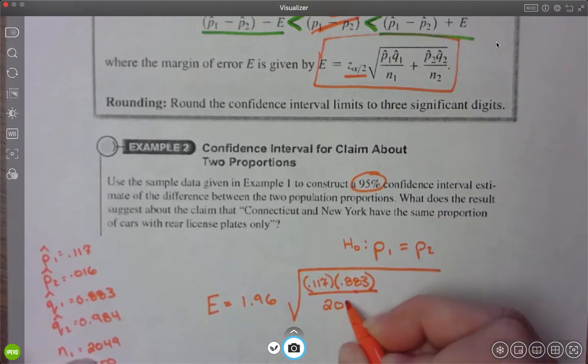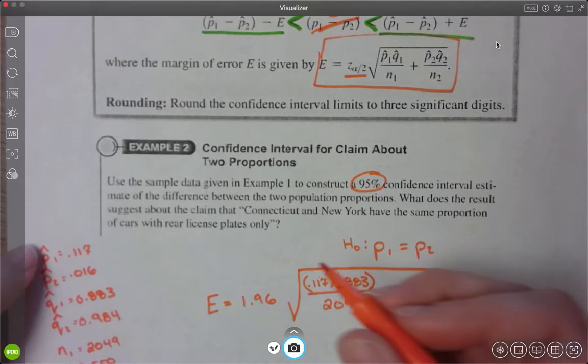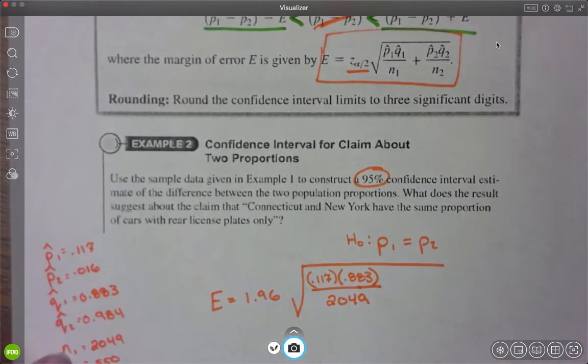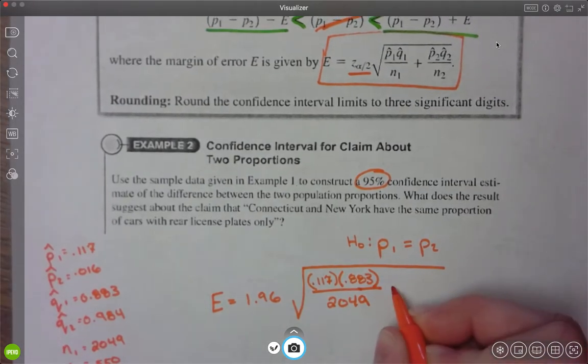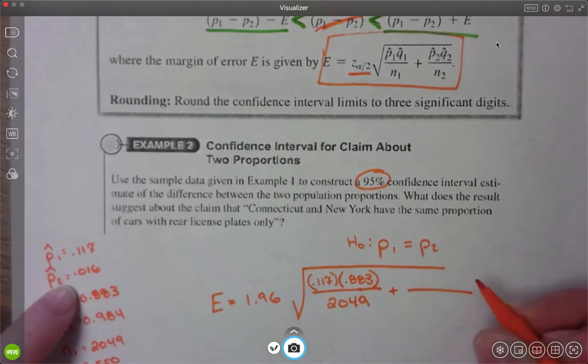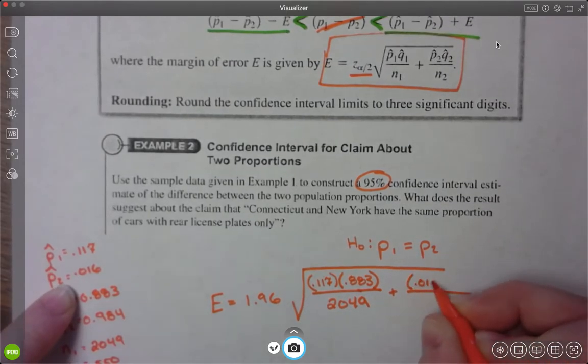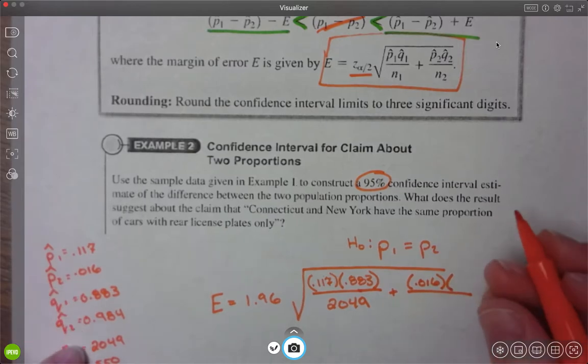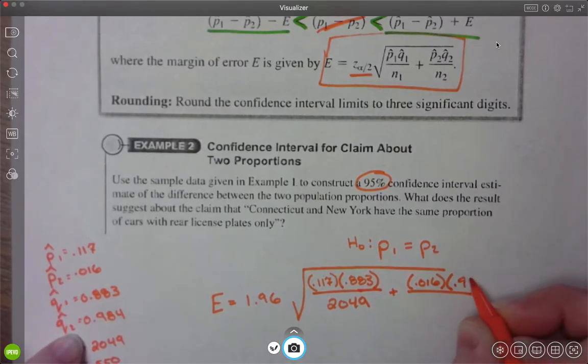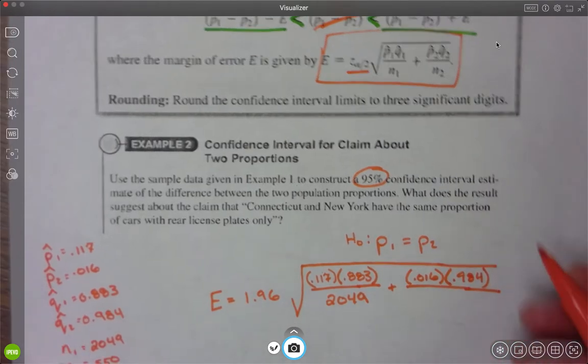So this is the section of all the ones, the P, the Q, and the N. Then we add that to all the 2's, so P hat 2 is 0.016, Q hat 2 is 0.984, and N2 is 550.